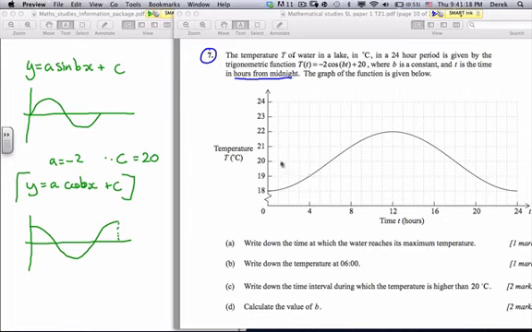Now, in this graph here, if I draw a line through the sort of middle point there, you can see that these values are 2. And this is the 2 value in front. The A is what we call the amplitude.